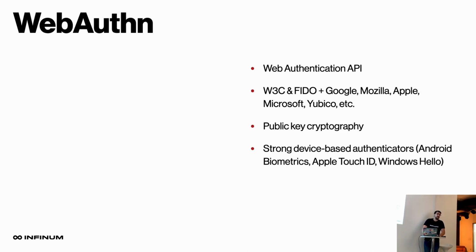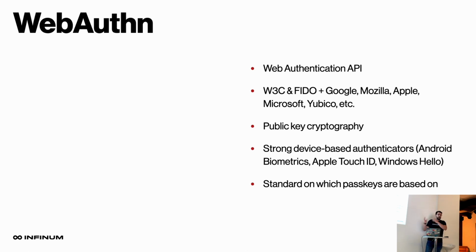In addition to that, there is a need for a strong, necessarily device-based authenticator, something like the Android biometrics system, Apple Touch ID or Face ID, Windows Hello. You can also use physical security keys or something else entirely, but it needs to be a physical device-based authenticator. And all of that is the standard on which passkeys are based.